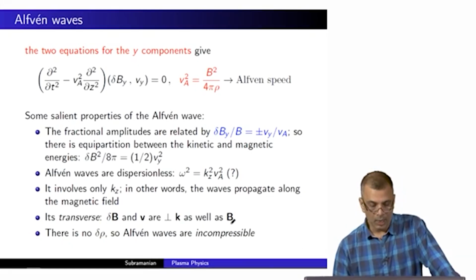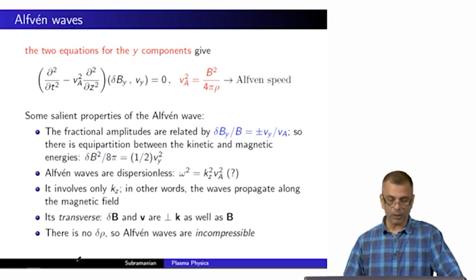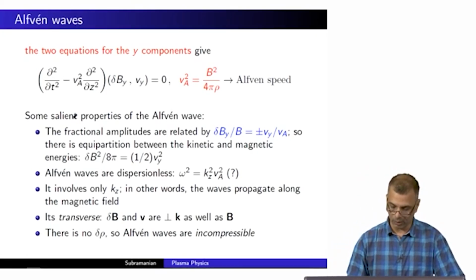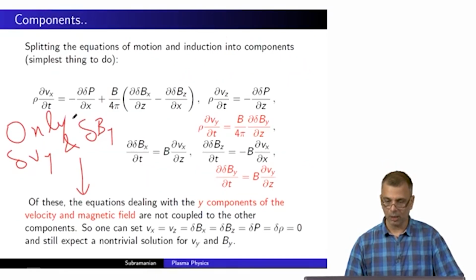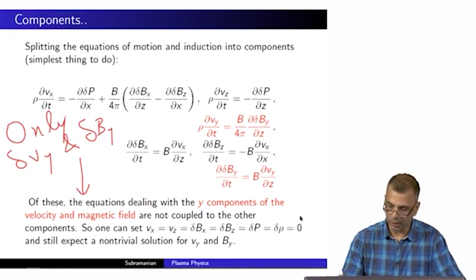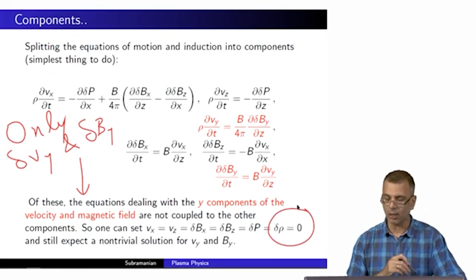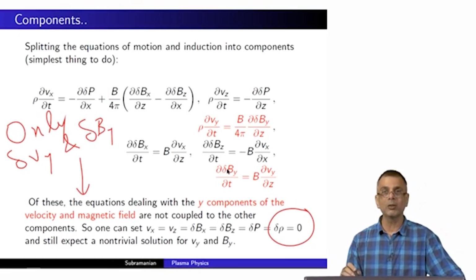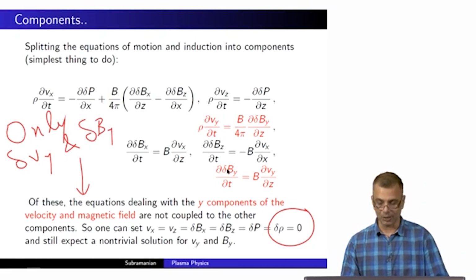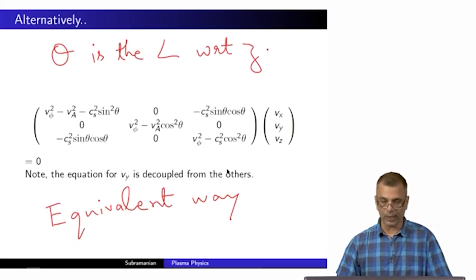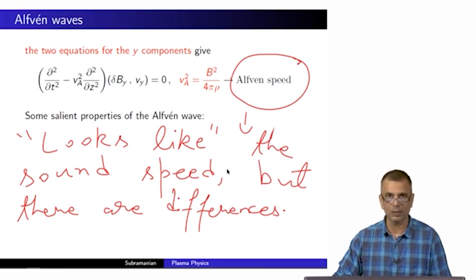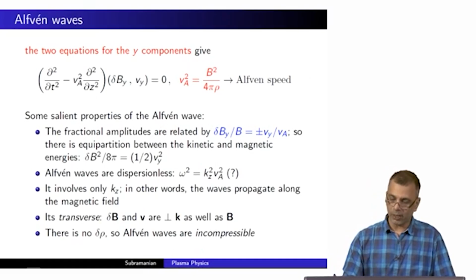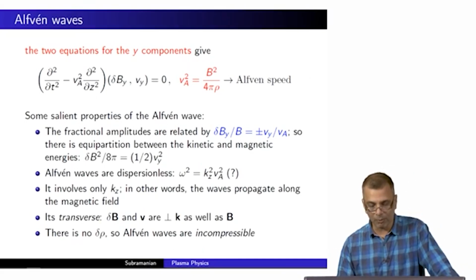Okay. The other important difference is that there is no appearance of delta rho. If you remember, we could get non-trivial solutions to these two equations with delta rho actually being equal to 0. No density perturbations, that is one way of looking at it. The other way of looking at it is that nowhere in this equation does delta rho make an appearance, right. So, therefore, Alfvén waves do not involve density perturbations at all.